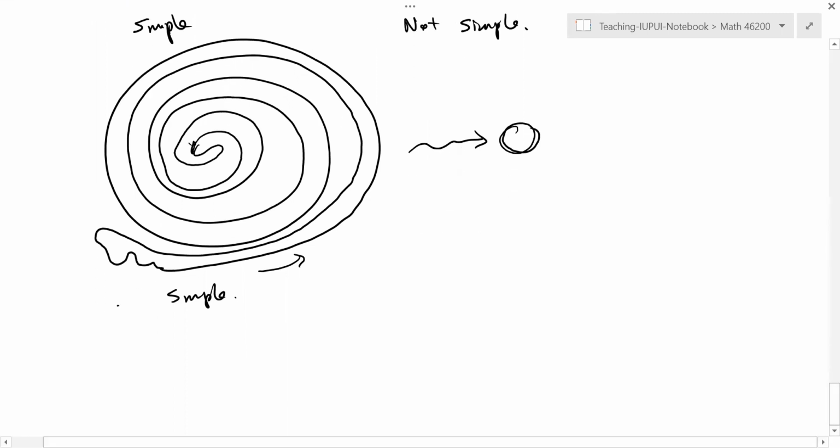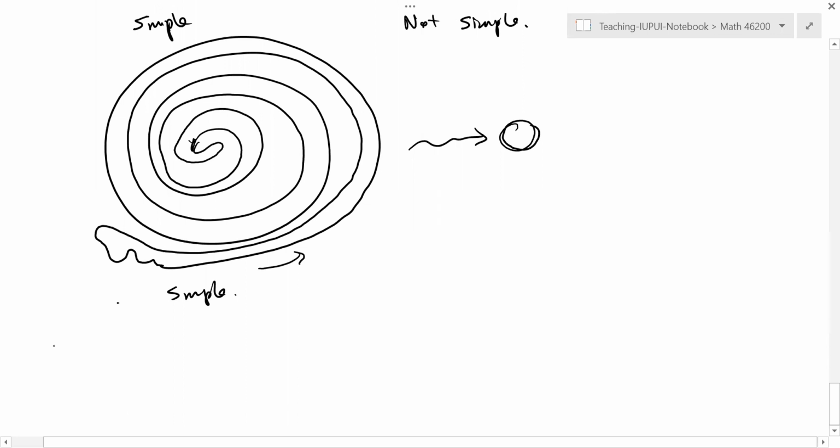Roughly speaking, a simple closed curve is a closed curve which can be smoothly deformed to a circle without any two portions of the curve ever touching each other. So this is a topological definition of a simple curve.